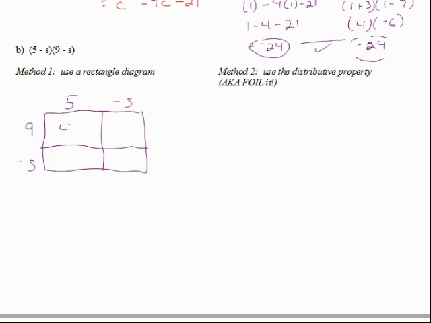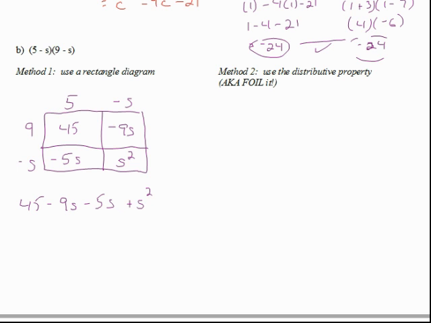So 9 times 5 is 45. 9 times negative s is negative 9s. 5 times negative s is negative 5s. And negative s times negative s is s squared. So we have 45 minus 9s minus 5s plus s squared.